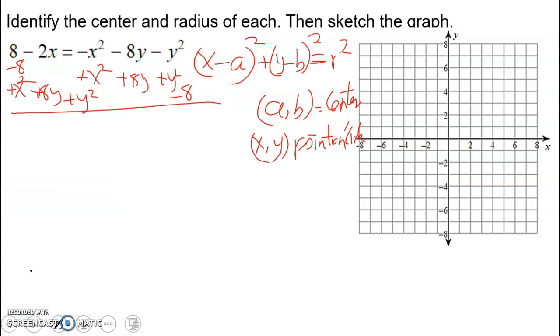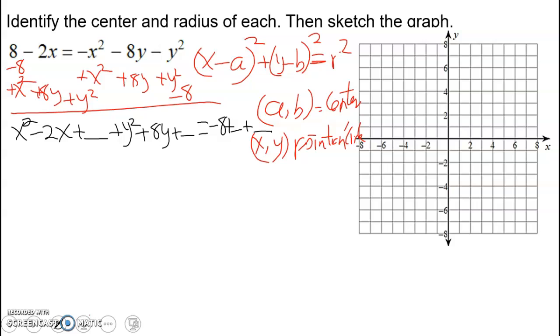So in total, we are going to have positive x squared minus 2x plus blank, plus y squared plus 8y plus blank, equals negative 8 plus blank plus blank.